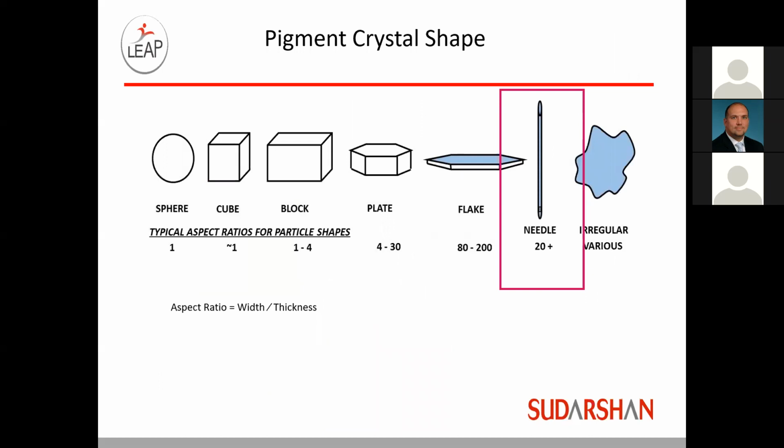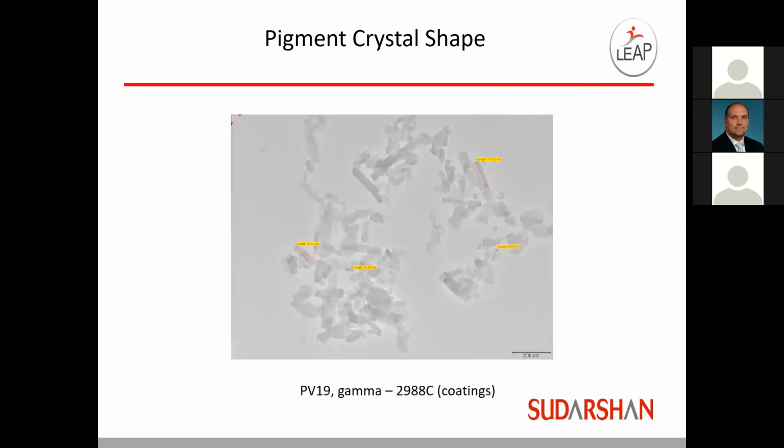From a crystal shape, the quinacridones typically fall in that needle type of a crystal. And here are some TEMs to demonstrate that. This is the gamma crystal of the violet 19. So you can see how many of these crystals are very long and very narrow in their structure.